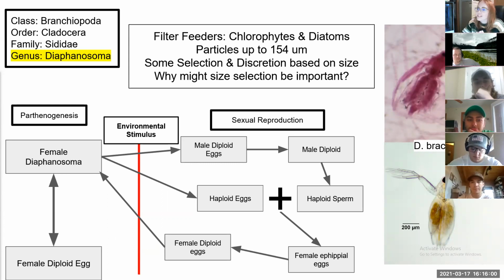So you're able to get the food that is best for your system, best for your fitness, and you might impact the food that's left over for the rest of the community. So if other copepods don't have that size discretion, they're not able to potentially get the most nutritious particles for them. They're just going to have to take what's given to them. Make sense?